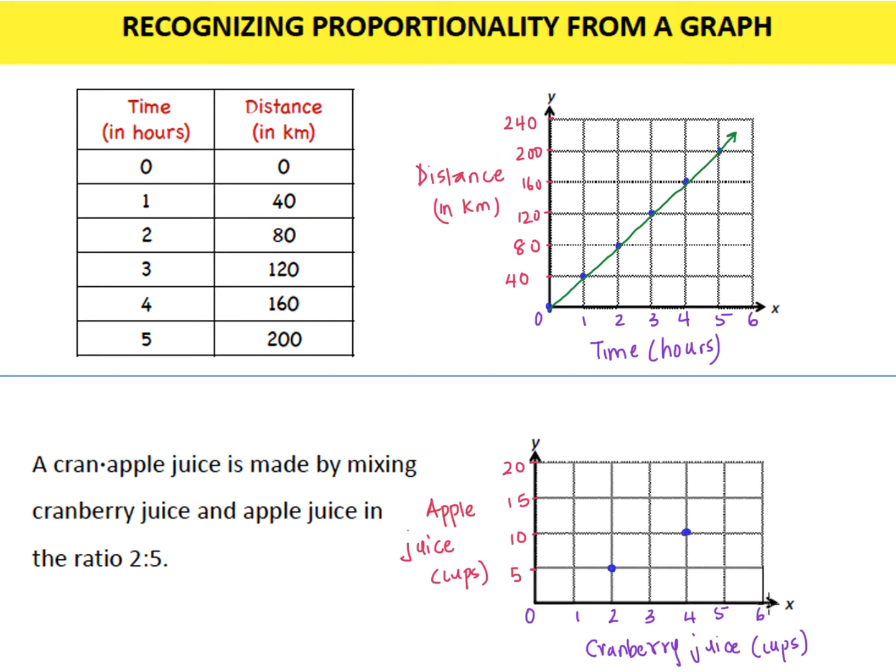And when we have 6 cups of cranberry juice, you'll need 15 cups of apple juice. And when you don't take any cranberry juice, you wouldn't take any apple juice either. Now let's join these points. I'll do my best attempt at joining these points neatly.